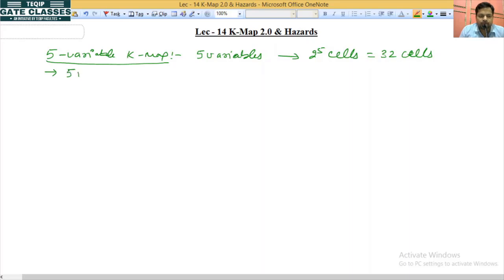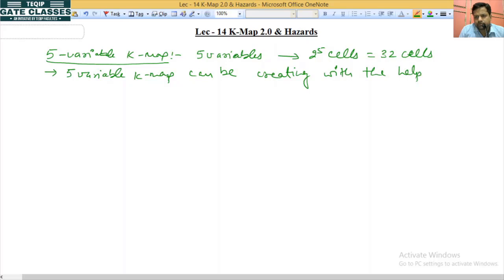So a 5 variable K-map can be created with the help of two 4 variable K-maps, because in one 4 variable K-map we have 16 cells.